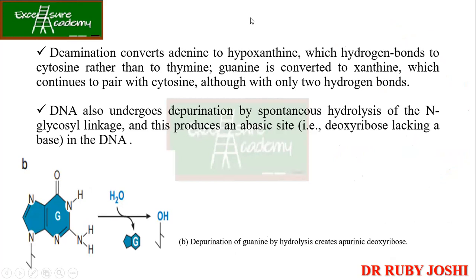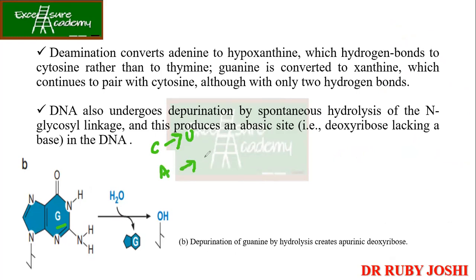And guanine is converted to xanthine, which continues to pair with cytosine although with only 2 hydrogen bonds. So what have we just discussed? In one case, deamination of cytosine gave us U. Then deamination will convert adenine to hypoxanthine.